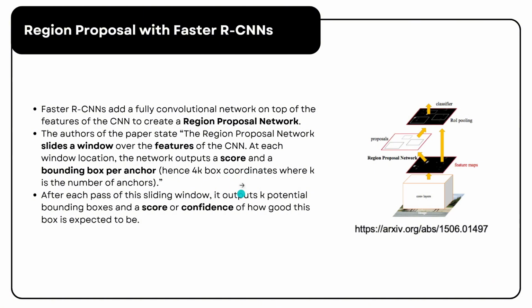After every sliding window pass, the model gives us k candidate, or k potential bounding boxes, with scores saying how confident it is that an object exists in each box. That's how faster RCNN became not just faster, but also more accurate, by integrating region proposal directly into the network pipeline.